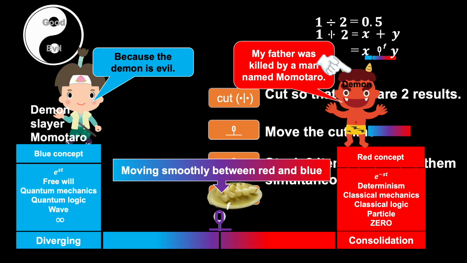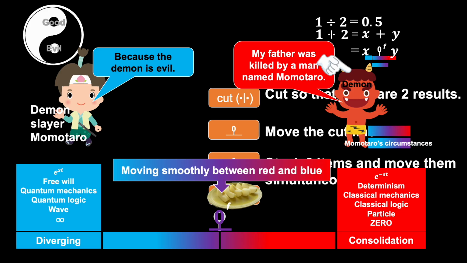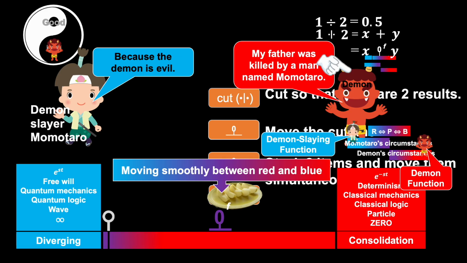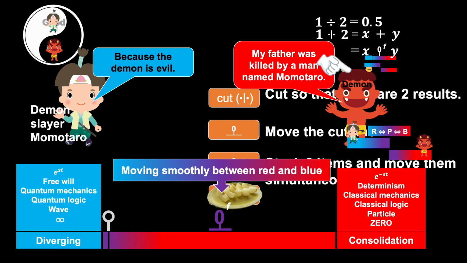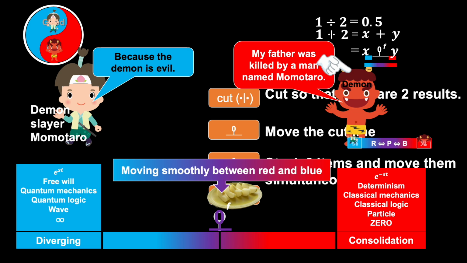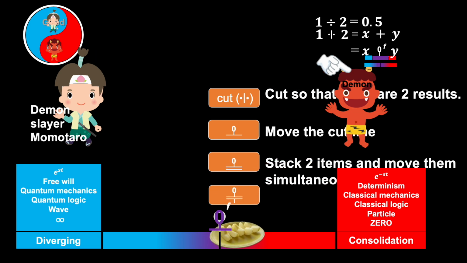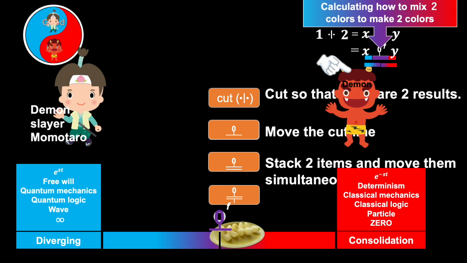If we define blue as Momotaro's perspective, the demon-slaying function, and red as the demon's perspective, the demon's function, and we overlap them, what happens? This time, we perform a new calculation to mix them so that two colors become two.